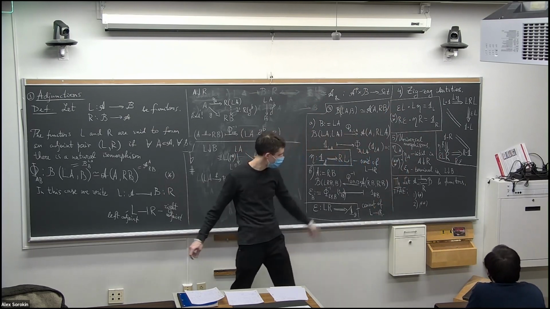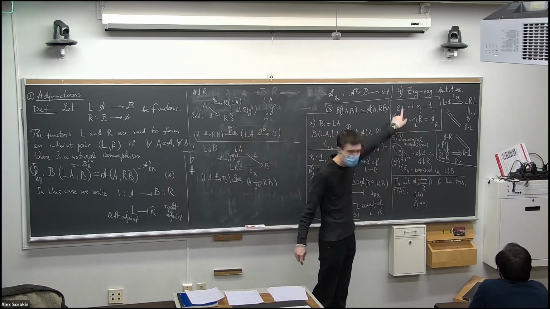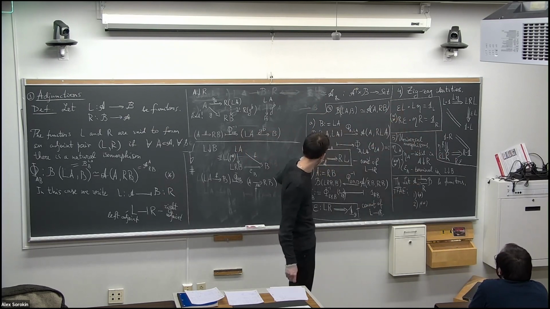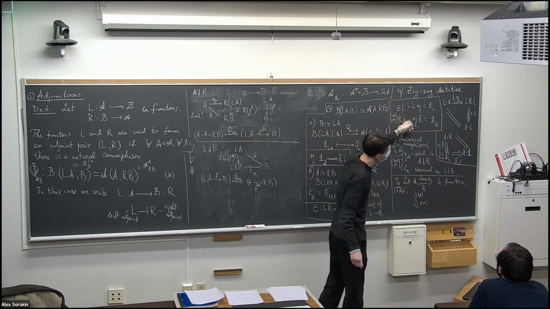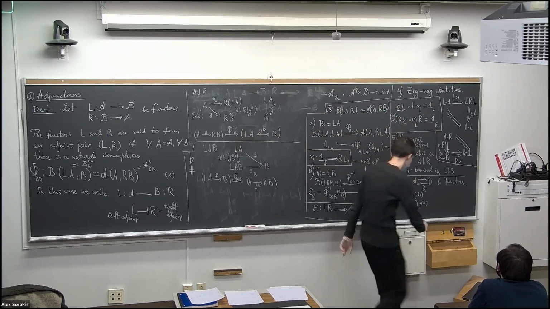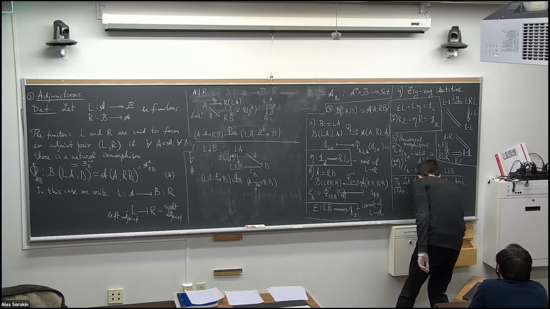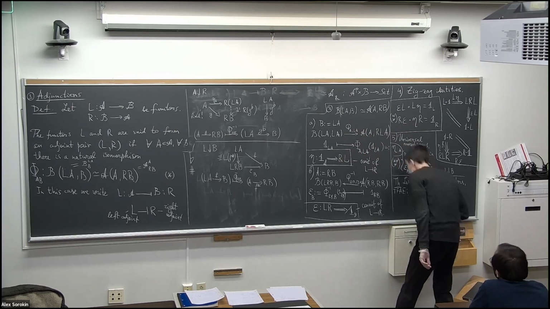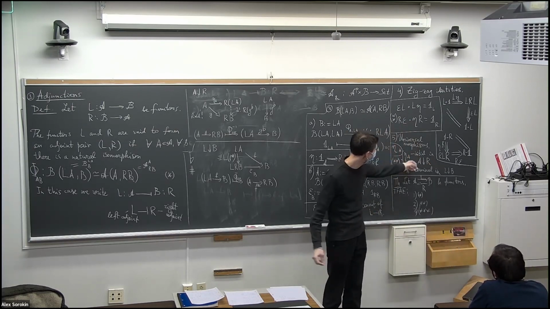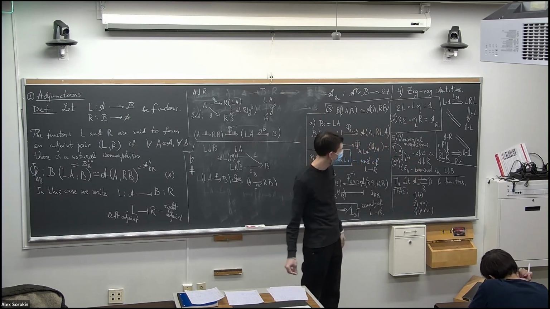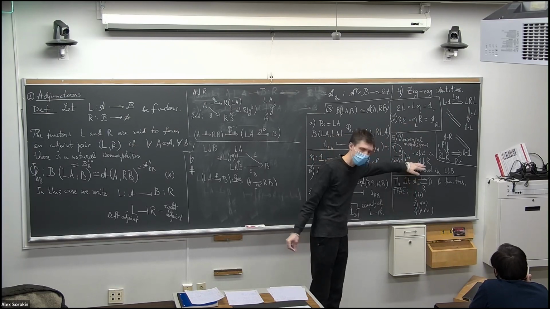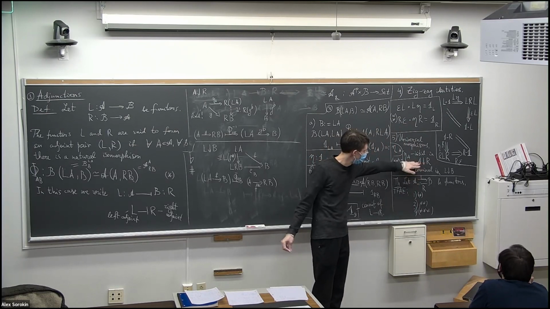So the second equivalent condition is two stars. It means that there are natural transformations eta and epsilon such that the triangle identities hold. And third, every comma category has an initial and terminal object. Comma category A comma R, and comma category L comma B.